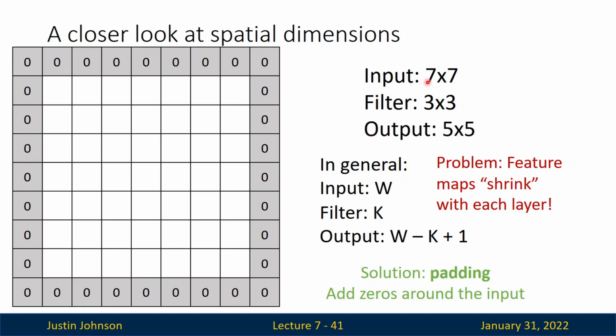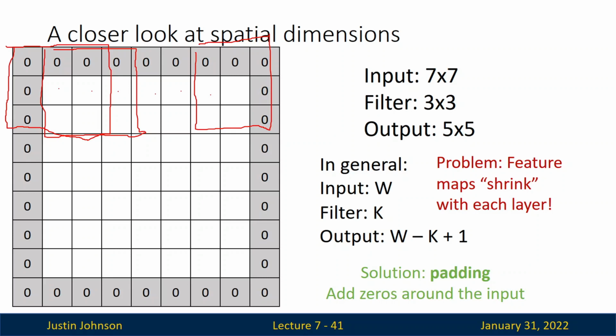Say, okay, the input is 7 by 7, 1, 2, 3, 4, 5, 6, 7, and our kernel size is 3 by 3, so this will be our first output, and this will be our second output. So this is 1, 2, 3, 4, 5, 6, and this will be our final output.